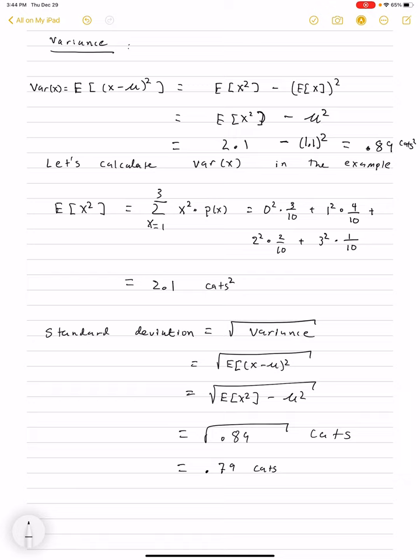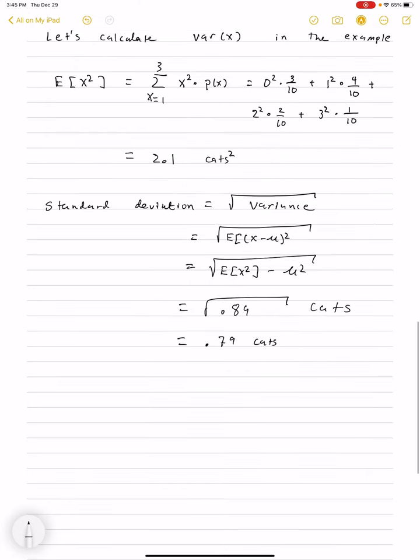Now I'm going to just give you a few properties of variance, just like I gave you properties of expected values. Your first property is that the variance of a constant is 0. It has no variation at all.